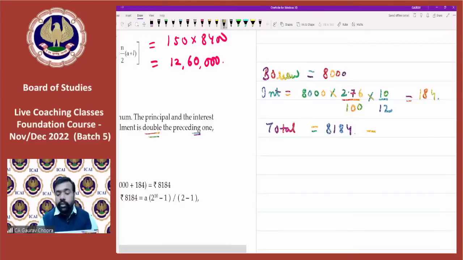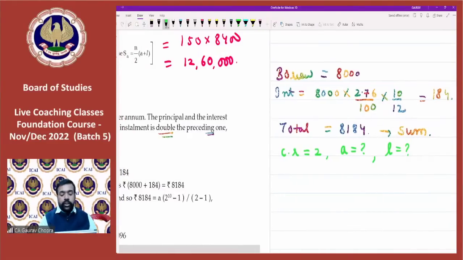So this 8184 is nothing but the sum of the series. And since every time we are paying double the amount, this double is the common ratio. The common ratio is equal to 2. Now we have to find the first term and the last term.